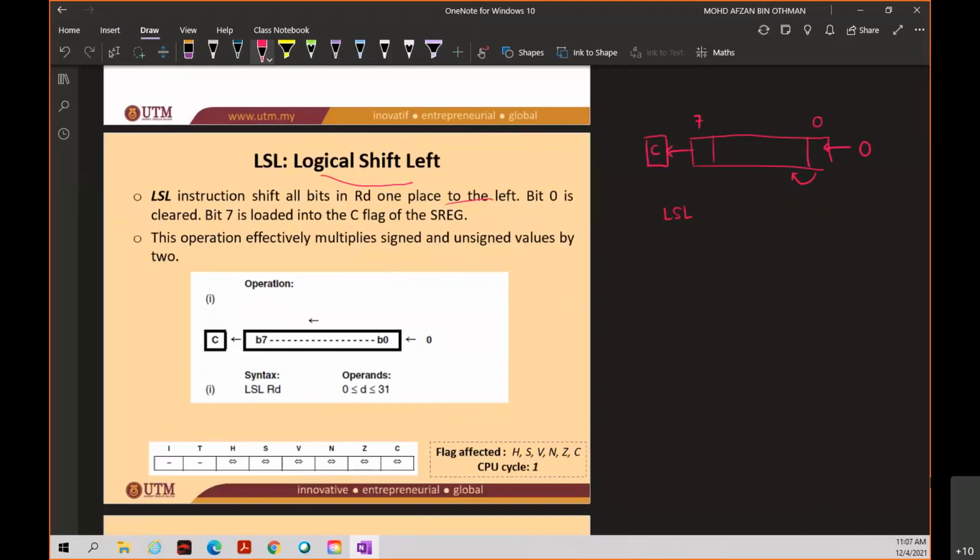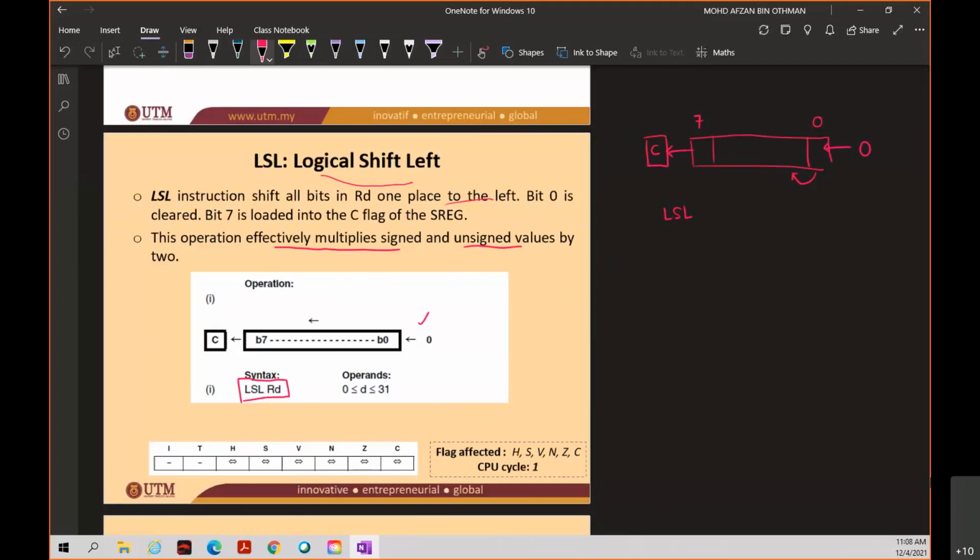Okay, so this is the operation and this is the syntax: LSL Rd, in which your Rd can be from R0 to R31. And whenever you execute the LSL, what happens here is you effectively multiply signed and unsigned values by 2.